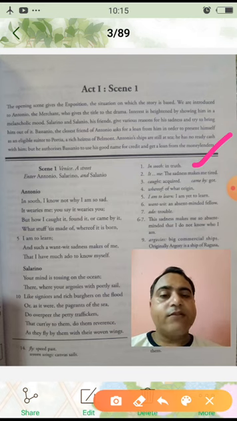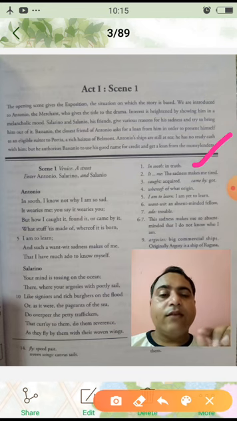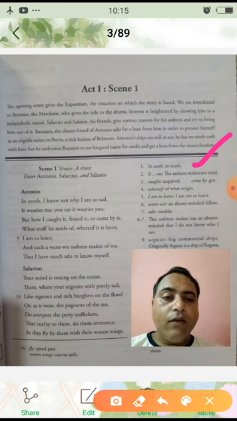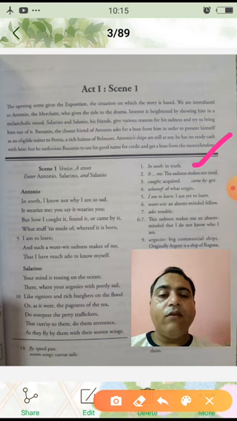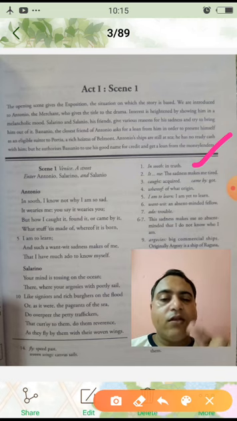What stuff it is made of means what is the reason behind this sadness. Whereof it is born means what is the origin of this sadness. I am to learn, that is, I am yet to find out the reason behind this sadness.